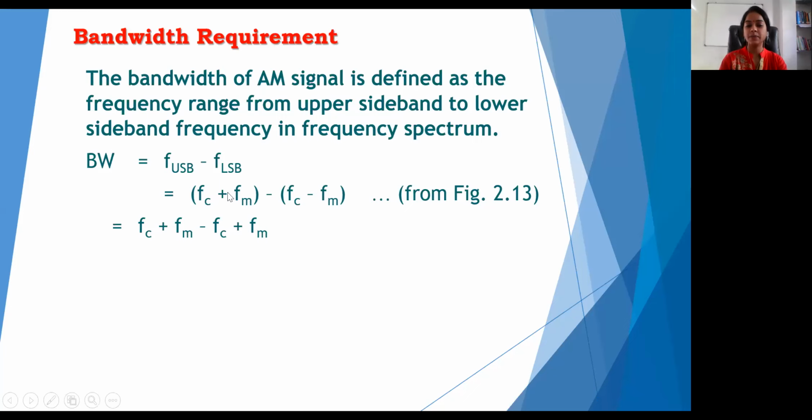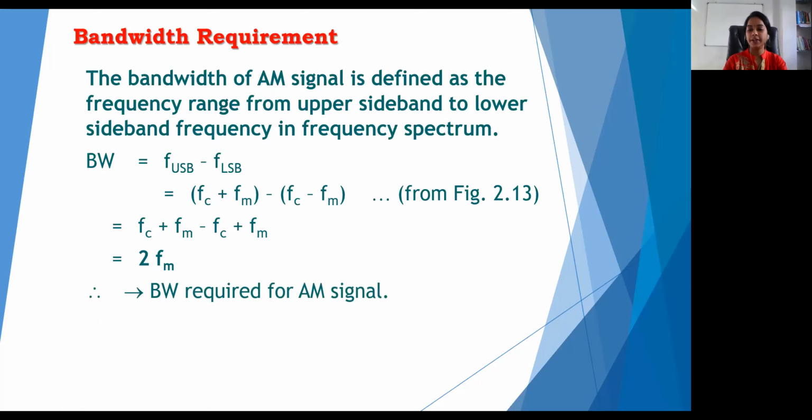Upper sideband में देखो fc plus fm minus fc minus fm. फ्रीक्वेंसी ऑफ लोअर साइड बैंड कैसे कैलकुलेट किया है हमने, fc minus fm, और फ्रीक्वेंसी ऑफ अपर साइड बैंड fc plus fm. So this will look like this, and if you derive this you will have the bandwidth of the amplitude modulated signal as twice fm. ये देखो, इसके ब्रैकेट्स ओपन कर दिए आपने, this fc and this fc will cancel each other, we have fm plus fm, so this will be twice fm, meaning the bandwidth of the amplitude modulated wave is calculated as twice the modulating frequency value.